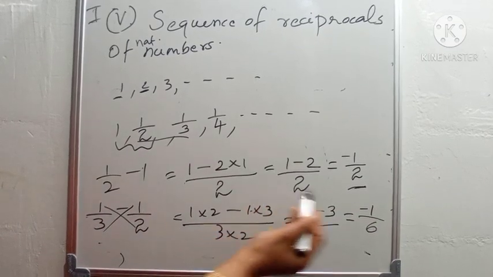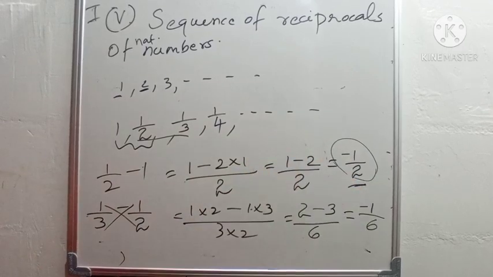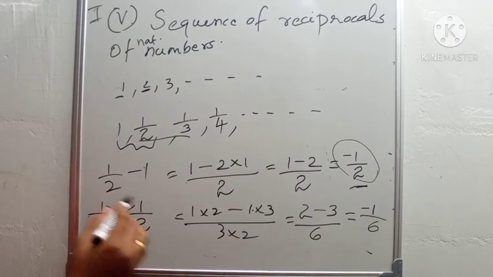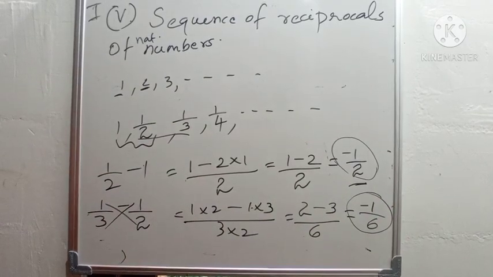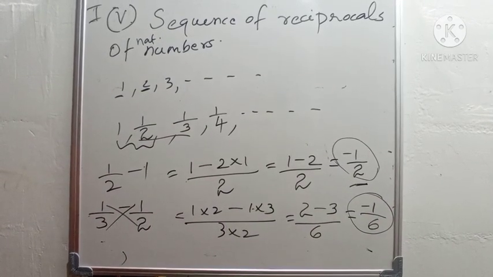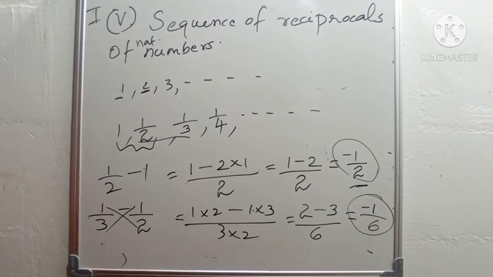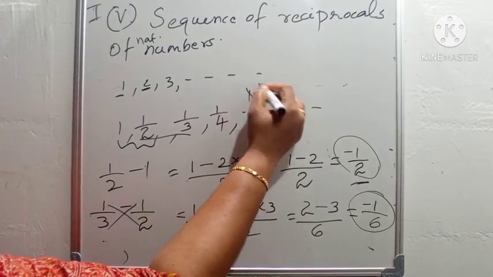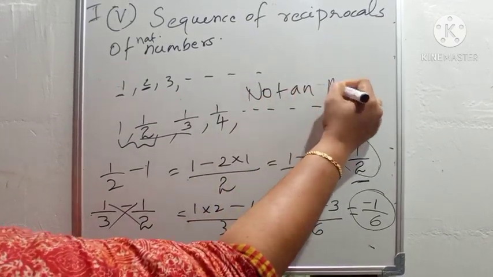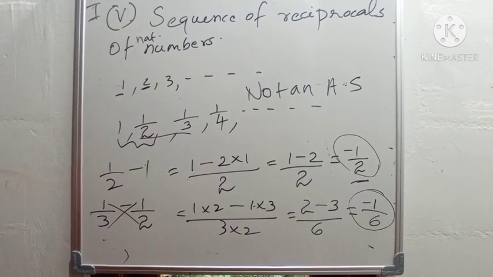The difference between the first and second term is negative 1 by 2, and the difference between the third and second term is negative 1 by 6. Is there a common difference? No, there is no common difference at all. Therefore, this one is not an arithmetic sequence because there does not exist a common difference.